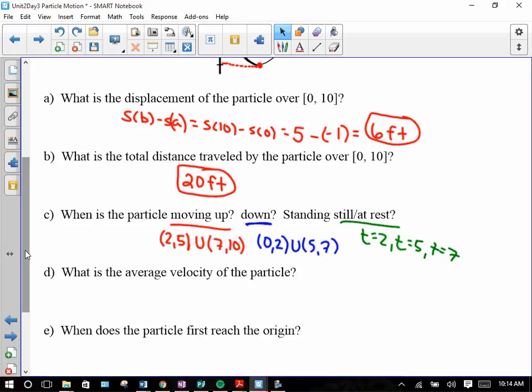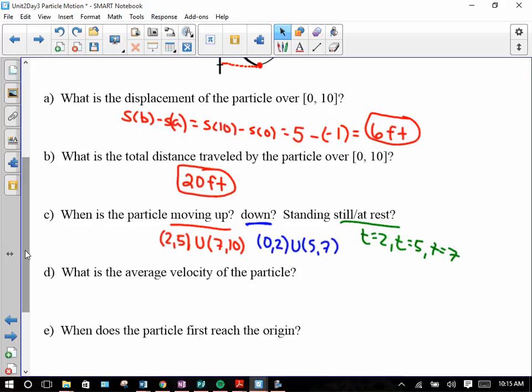We also need to figure out what is the average velocity of the particle. First of all, we haven't really been given a solid function for average velocity, but we do have it. Average means slope. If we're looking for the average rate of change, we do f of b minus f of a divided by b minus a.